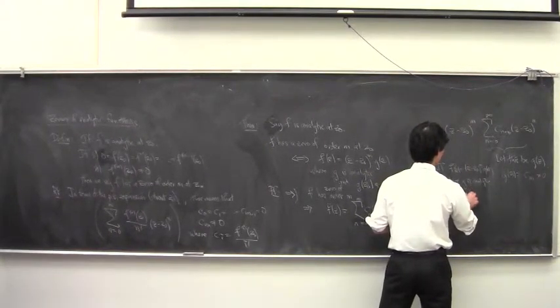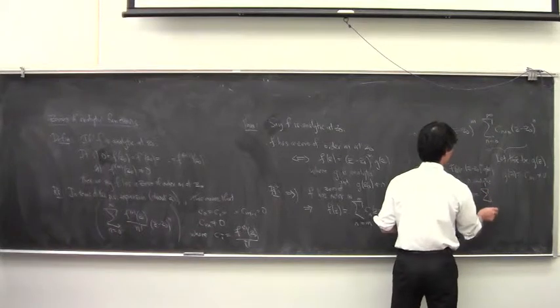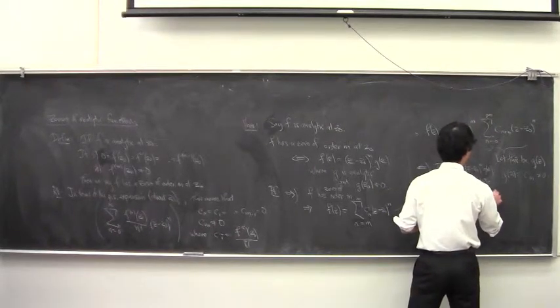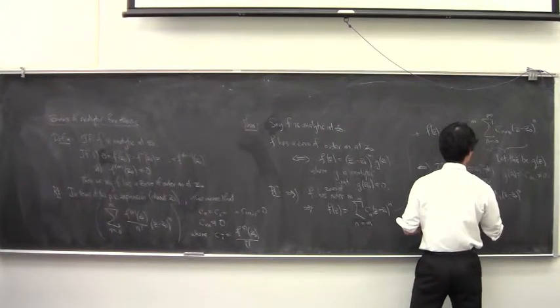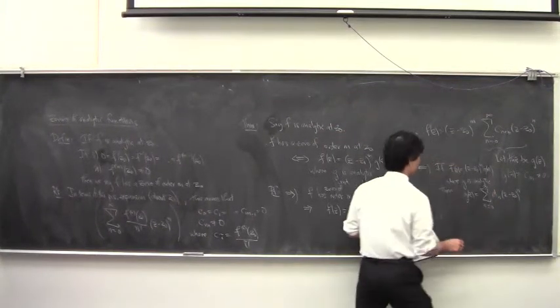Then g is some power series, the sum of d sub n minus c from 0 to infinity.